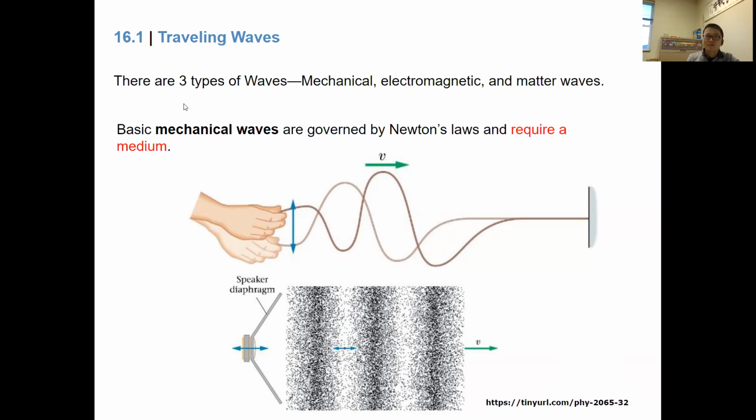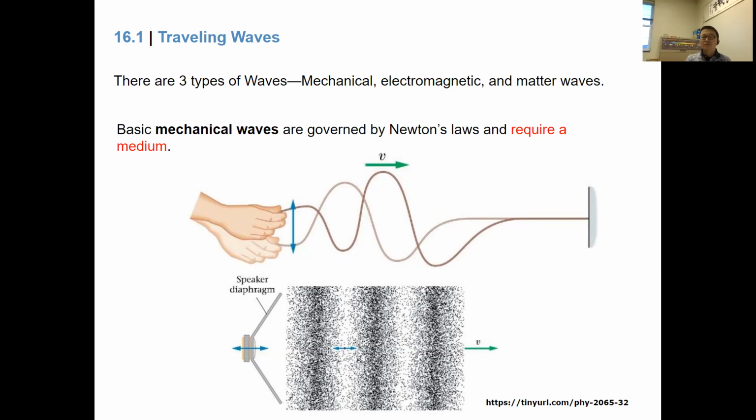There are three types of waves: mechanical waves, electromagnetic waves, and matter waves, one of which is the gravitational wave. Mechanical waves are governed by Newton's laws and require a medium. The other two do not. Electromagnetic waves can propagate in a vacuum, and gravitational waves can also propagate in a vacuum, but mechanical waves need a medium.